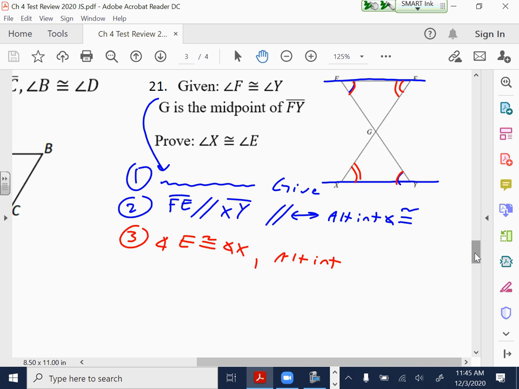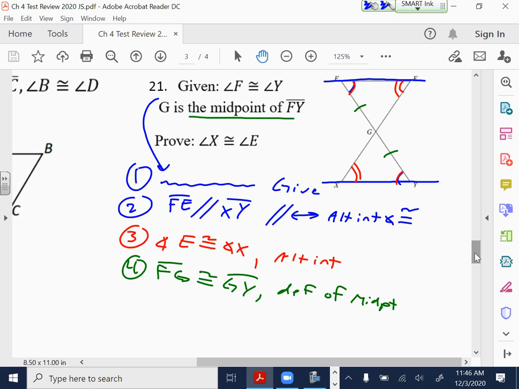And then we have this part, G is the midpoint, so, sorry, that means FG and GY are congruent. Definition of midpoint.